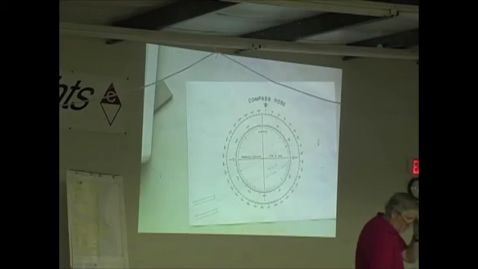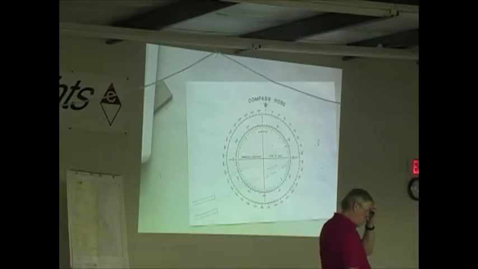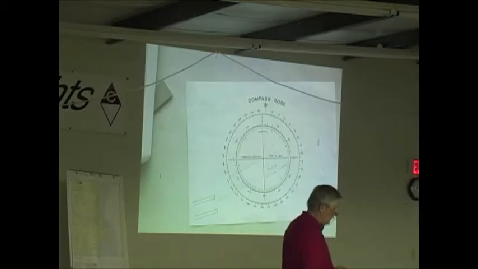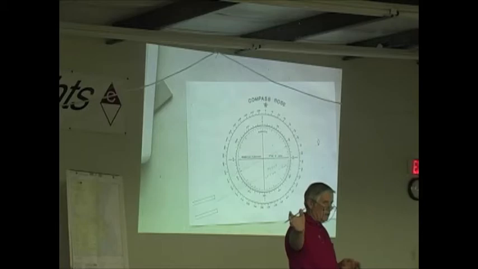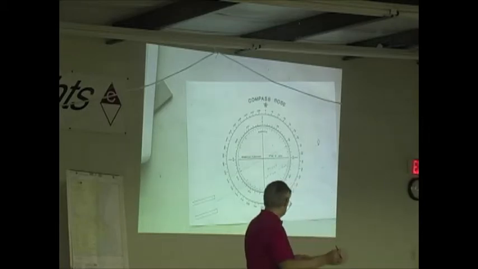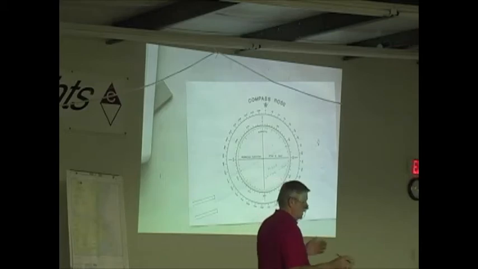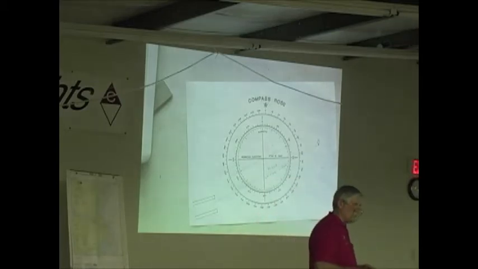Now, one last piece of information. We're right on time. One of the things that all boaters will encounter at one time or another is, as they're cruising along, they see some sort of a mark off to one side or the other, be it a lighthouse, another buoy, a boat, whatever, and they're going, where is that boat, or where is that lighthouse?